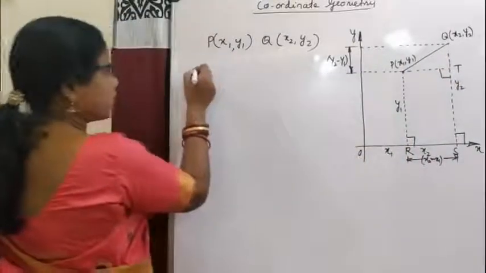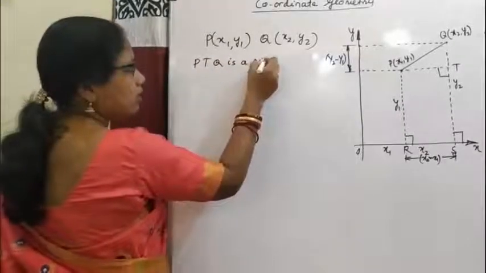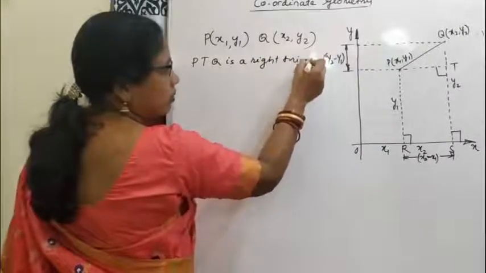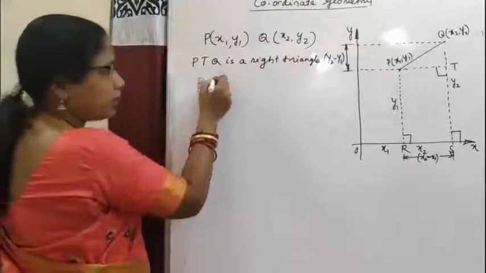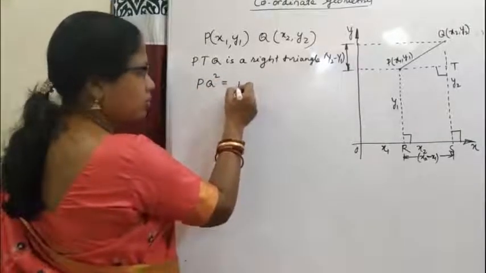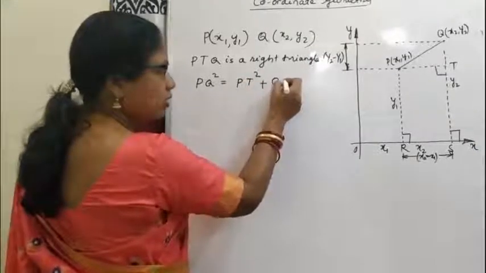PTQ is a right triangle. So we need to find PQ. According to Pythagoras theorem, PQ square is equal to PT square plus QT square.